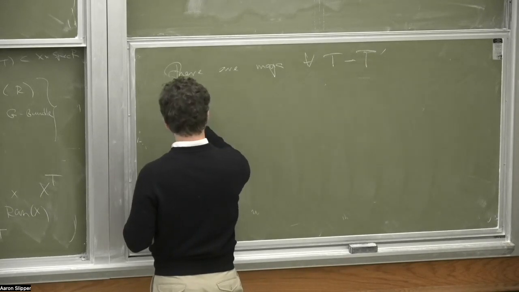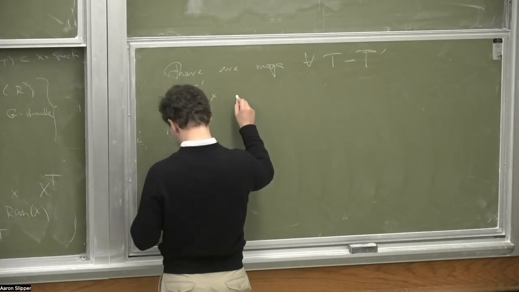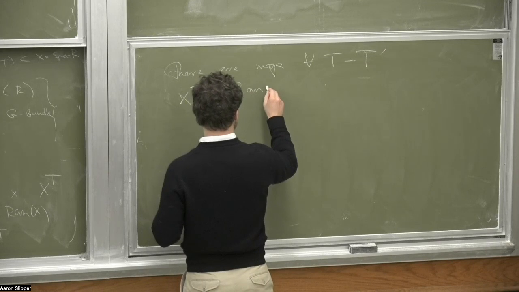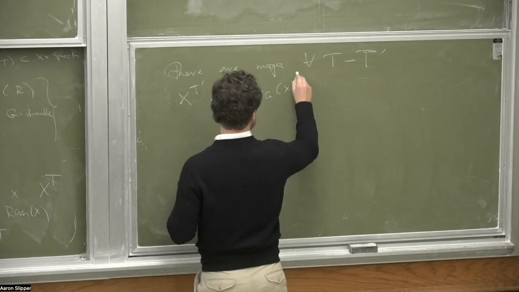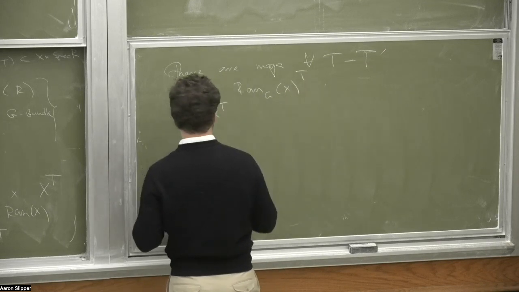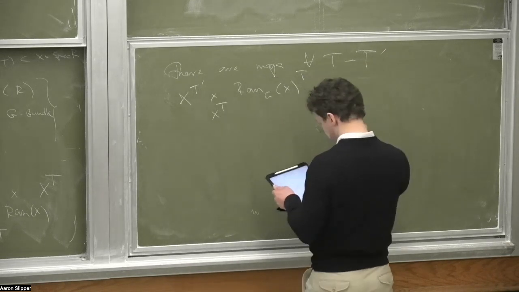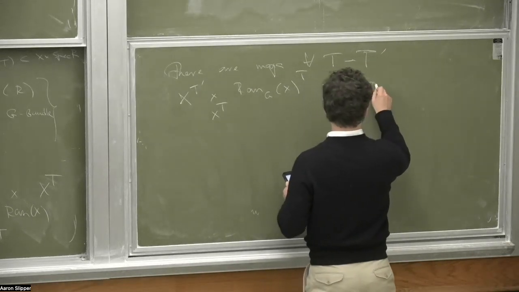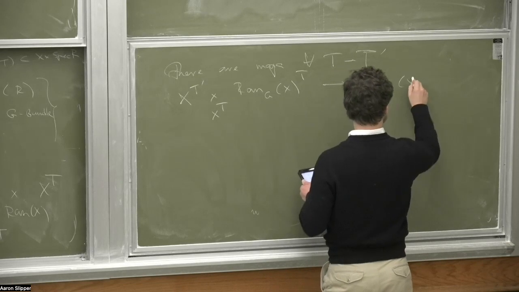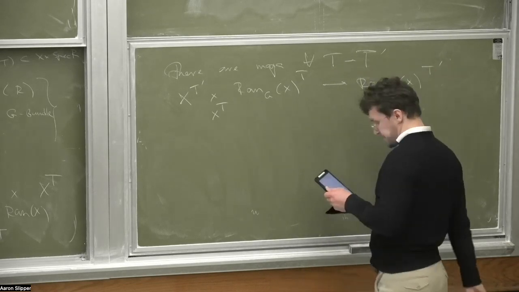So I have X T, I take the back over X to T to GX T prime.